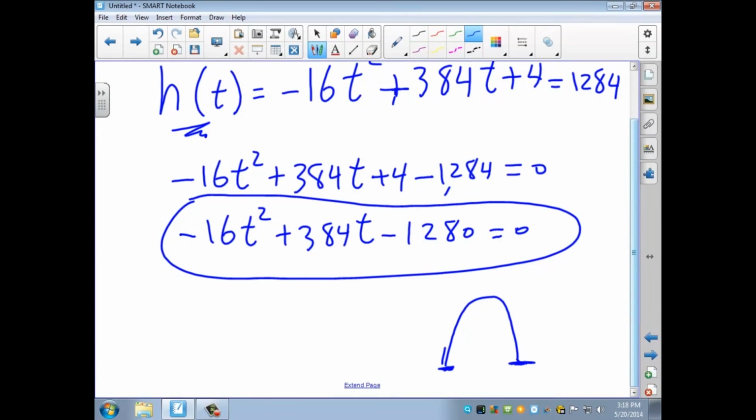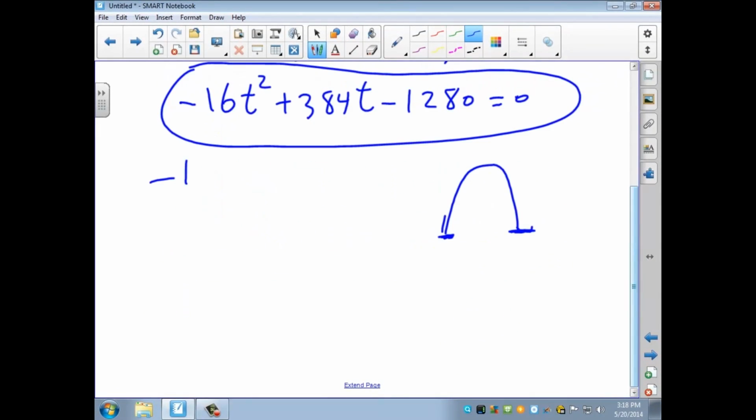It hits the ground right here. So the height is minus 16 t squared plus 384 t plus 4. You set this equal to 0. Now solve for t.